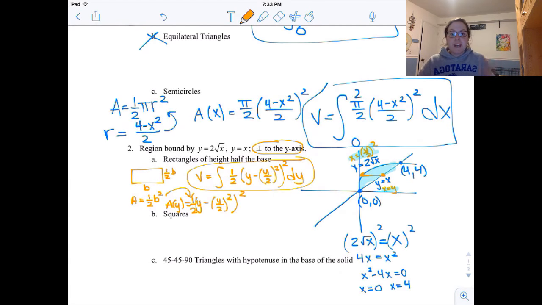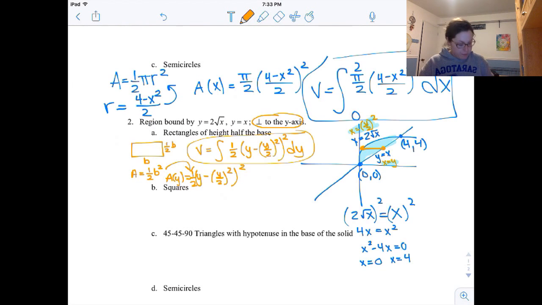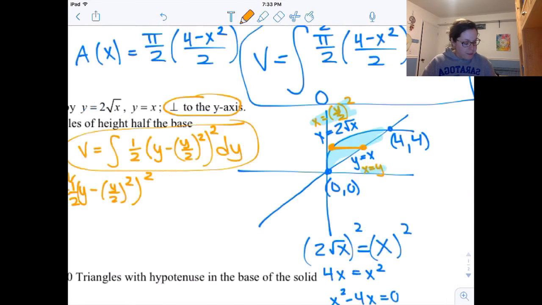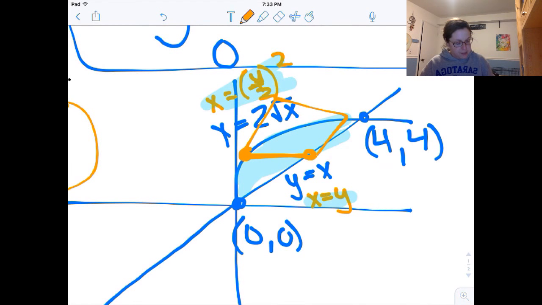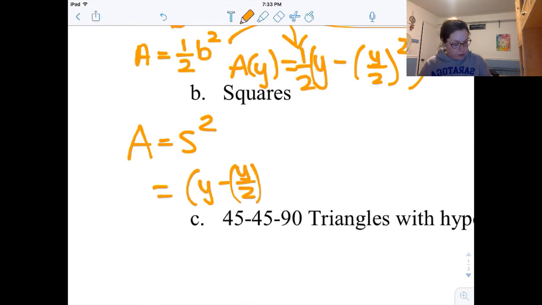All right, so let's pick another one of these. Let's do squares, okay? So same thing, area of a square is side squared. So we're thinking again about building squares coming up from this. So the side length of that square is still that base, right? The difference between those. So side length of the square is the same as above. So this is going to be (y minus (y over 2) squared) quantity squared.